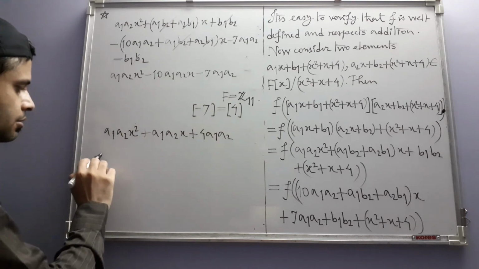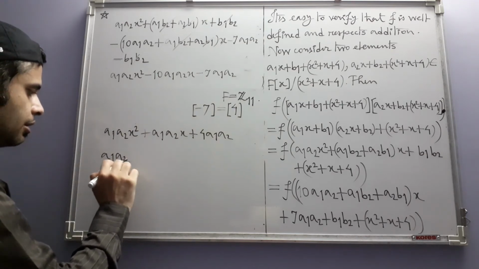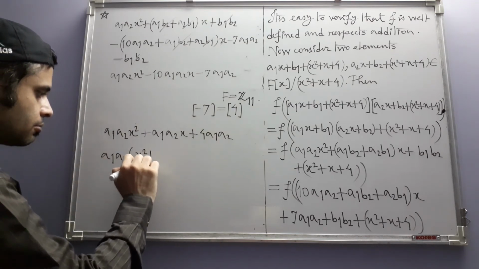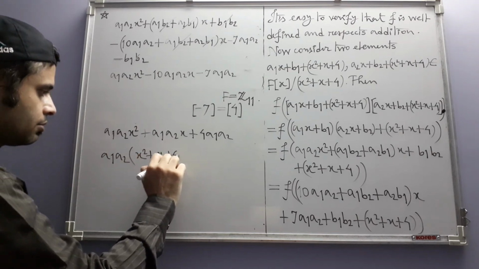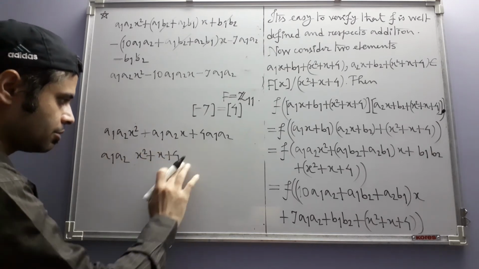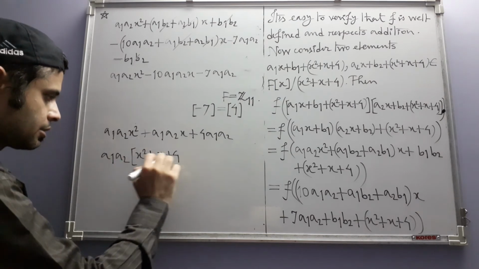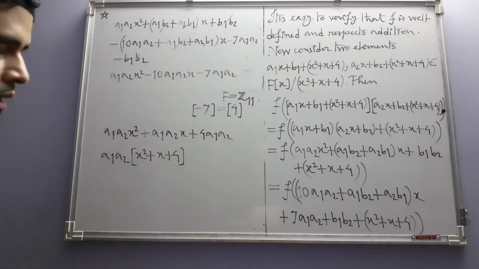So that means if you take a1 a2 common out, you have this. Or to distinguish it from the ideal, let's just put them within square brackets.